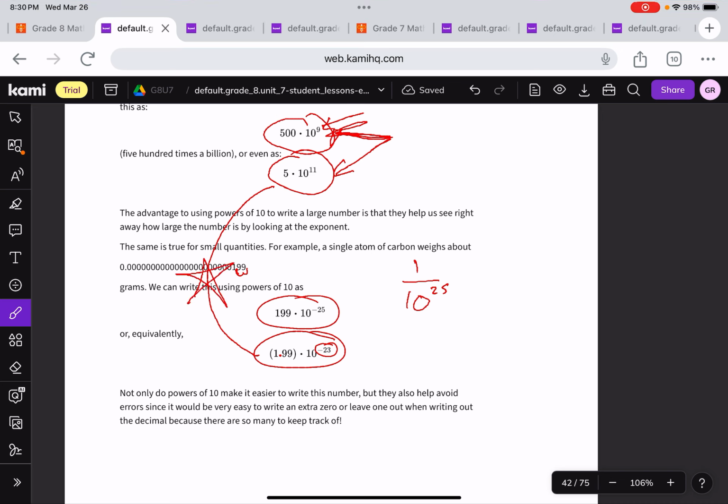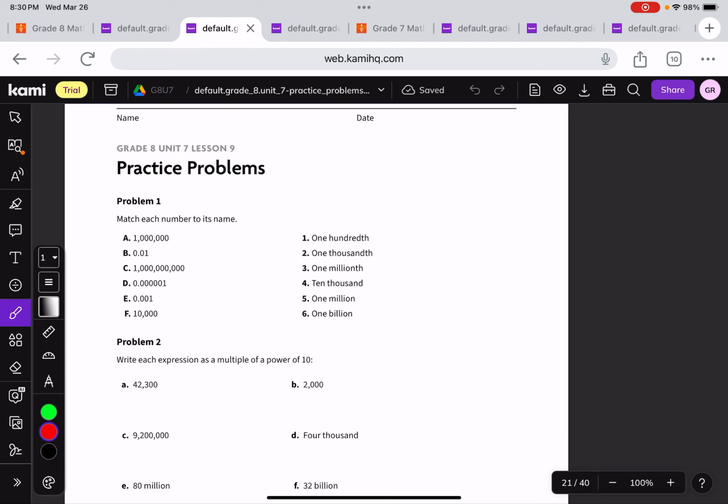These are just ways of writing big numbers with powers of 10. They're still great. You can still use them. 10 to the 9th is known as a billion. 10 to the 6th, you can easily tell someone how many millions there are. But eventually we're going to put everything in scientific notation because it's very easy to compare them.